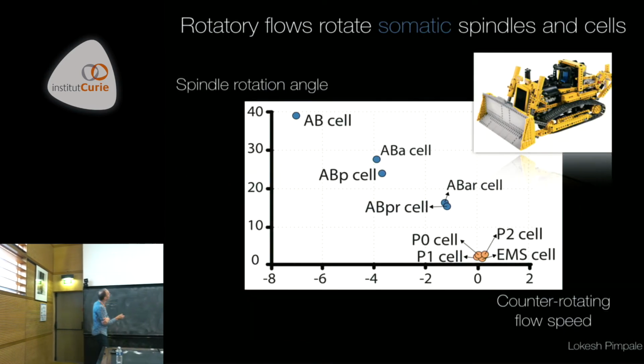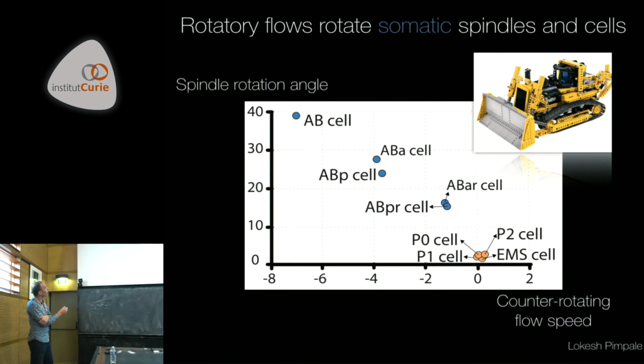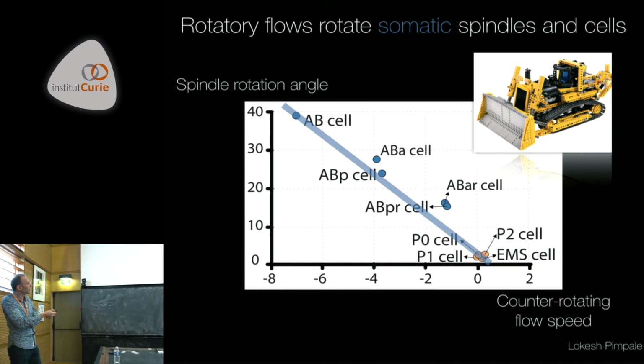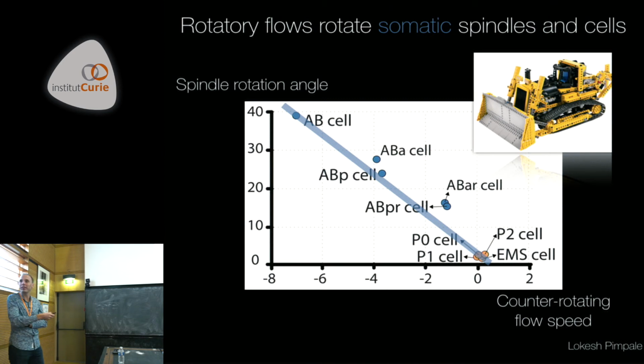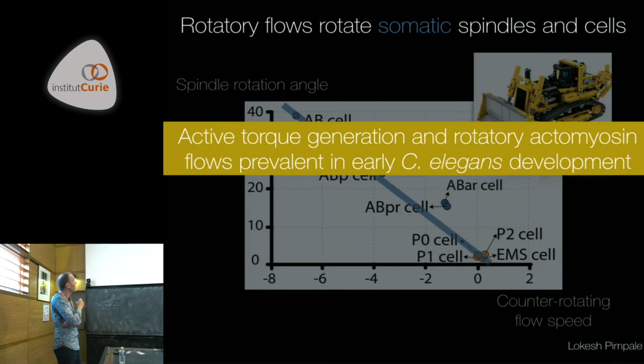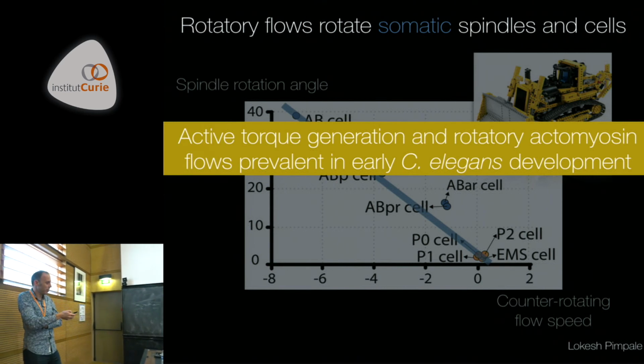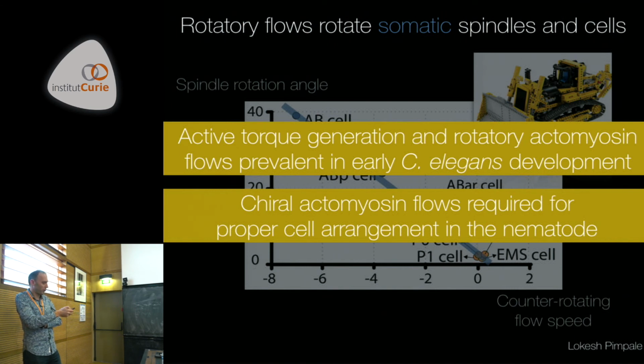We can, for example, see that for all of these cells, the spindle rotation angle and the counter-rotating flow speeds are correlated in the somatic lineage, and there are essentially no counter-rotation speeds for the germline, and all the somatic cells undergo these counter-rotations and spindle rotations. Active torque generation and rotatory actomyosin flows are prevalent in early C. elegans development, and these flows are required for proper cell-cell arrangement. That's the idea.